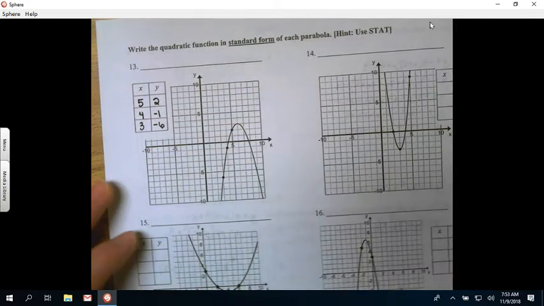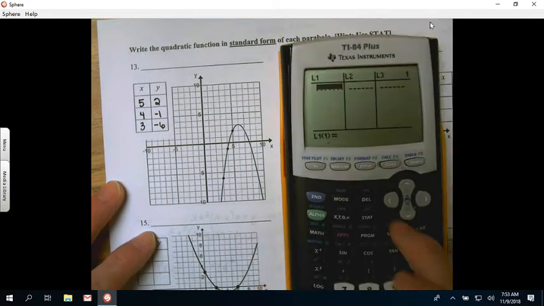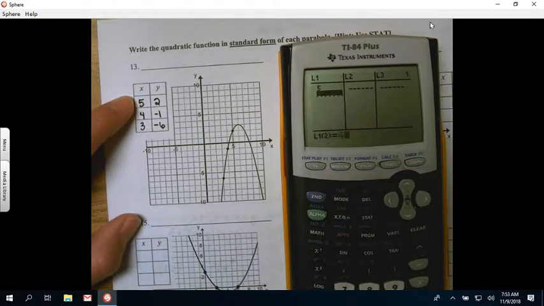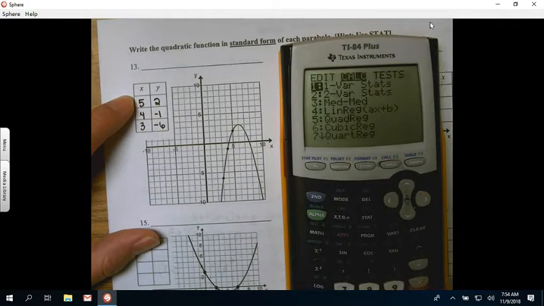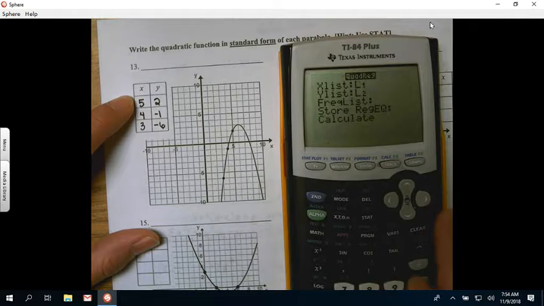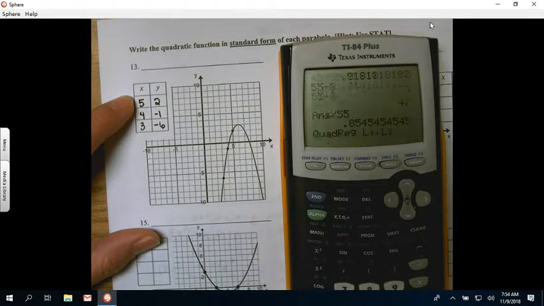Once I have located those, I'm going to go to Stat, Edit. My x's go in L1, and my y's go in L2. Stat, Calc, QuadReg, and then I'm going to go down to Calculate.